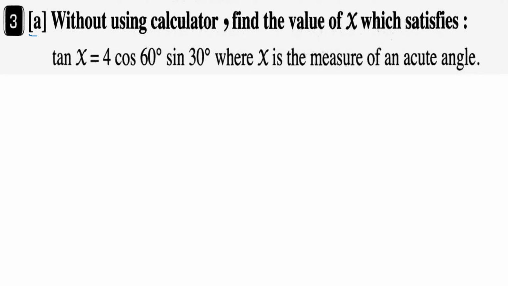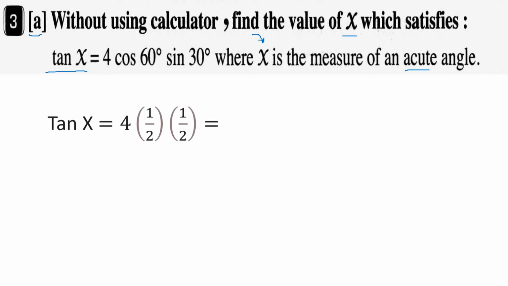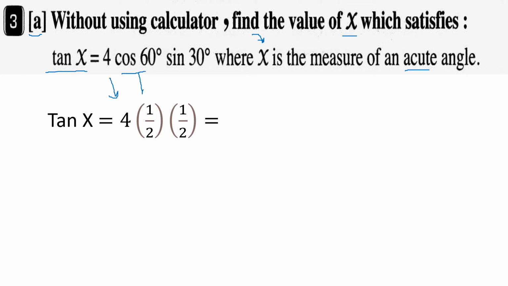Question 3, part A. Without using calculator, find the value of x, which satisfies tan x equals 4 cosine 60 sine 30, where x is the measure of an acute angle. So he wants me to find the measure of x. Okay, let's substitute everything. Tan x equals 4 times cosine 60, which as we know is 1 over 2.